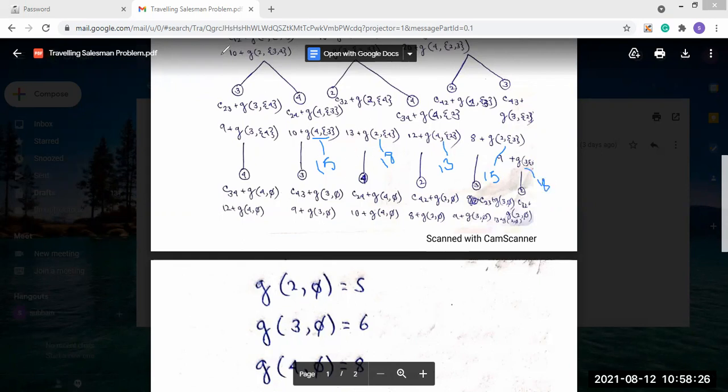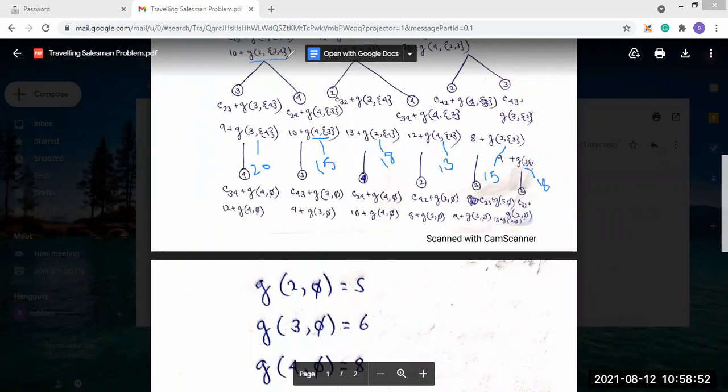And after getting these values, we will calculate the next values. So how will we calculate? Let's say we have written the 3 to 4 value; this 3 to 4 value is 20. Now we know the two values we get: this is 29 and this is 25. So we have to choose the minimum for 2, 3, 4.